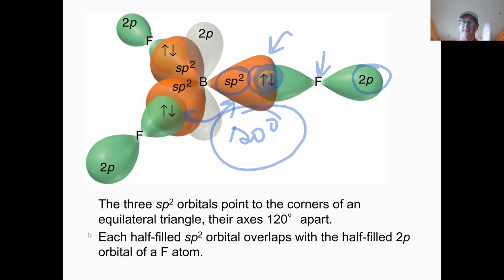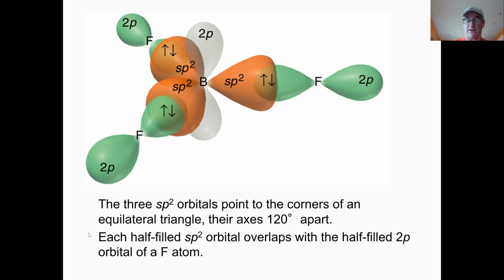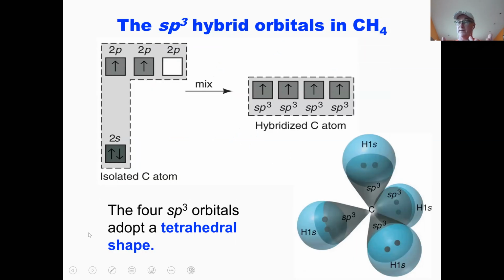Okay? Let's move on one more. What if you have 4 electrons? Okay, well, if you have 4 electrons, like with carbon, and here's what I talked about this morning. Now that I have 4 valence electrons, I need 4 orbitals with identical energy and identical orientation to each other.